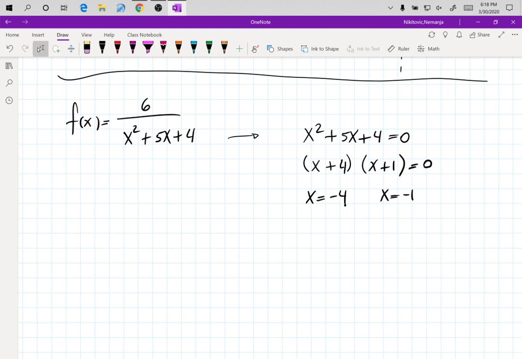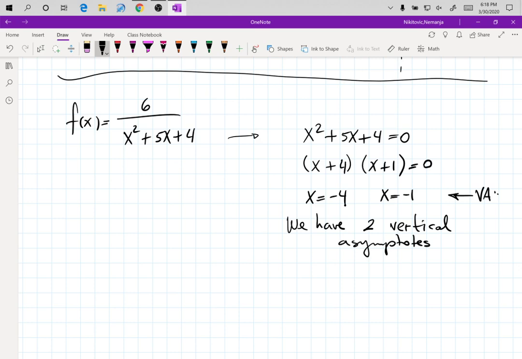So in this case, we have two vertical asymptotes. Two vertical asymptotes, and so both of these are VAs, and immediately the domain of the function is negative infinity to -4, union -4 to -1, union -1 to positive infinity.